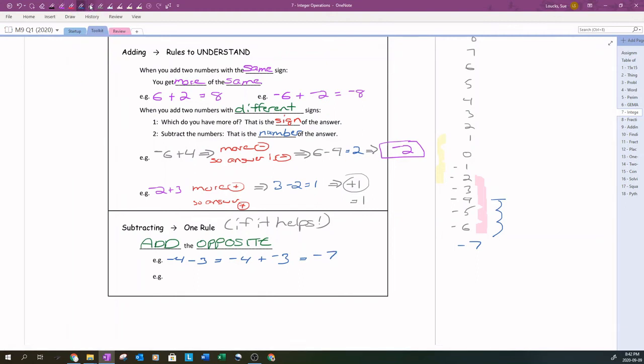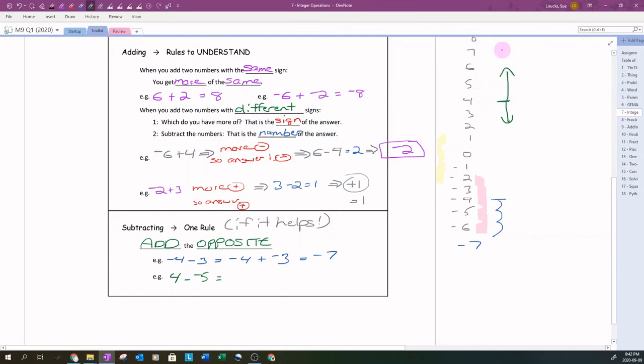Okay? And one more example, 4 minus -5. So if I go to my number line here, and I'm starting at 4, and I want to subtract -5. Well, I know if I were subtracting 5, I would go down, but I'm subtracting -5, so I must need to go up.